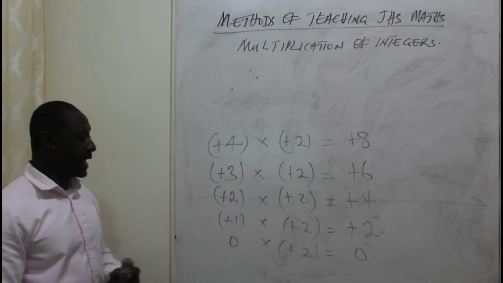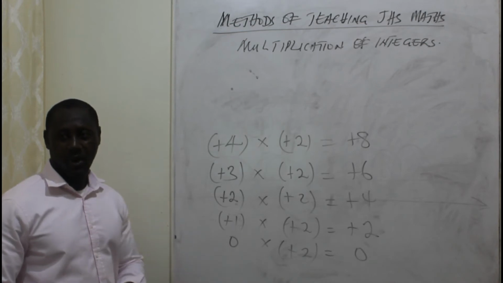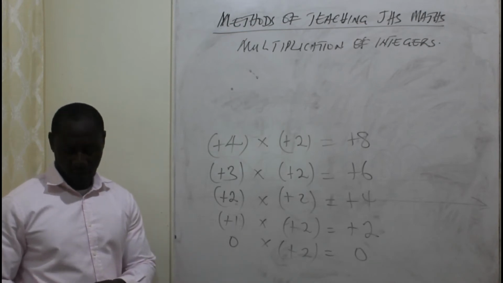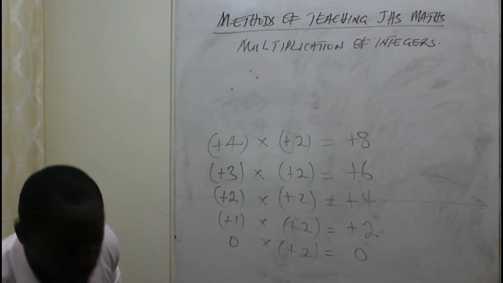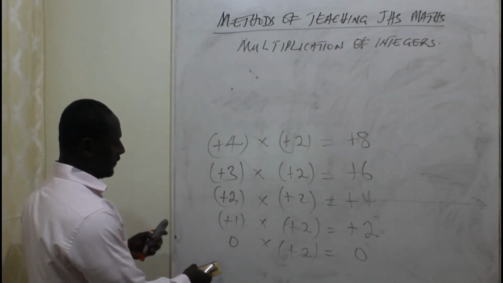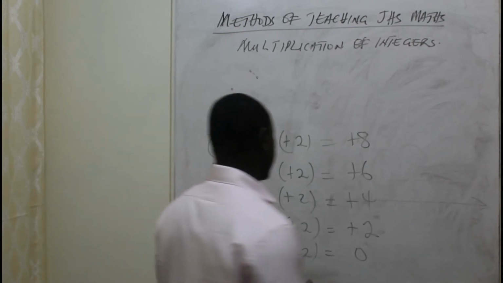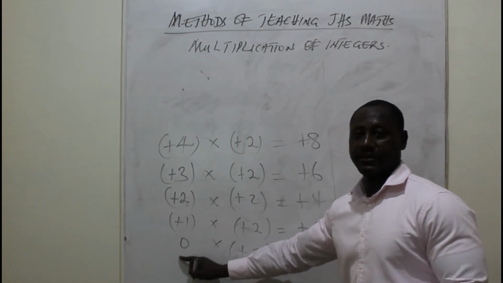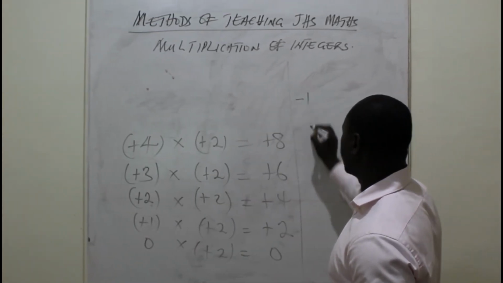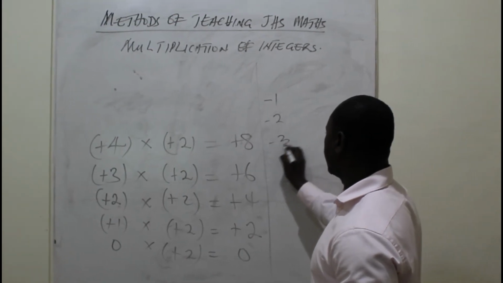Now, they will start thinking about the next numbers. What will be the pattern, what will be the behavior of the next numbers? Okay? So let's look at it. If I go down, you will notice that from the 0, the next number is a negative number. So I'm coming to negative 1. I'll come to negative 2. I'll come to negative 3.